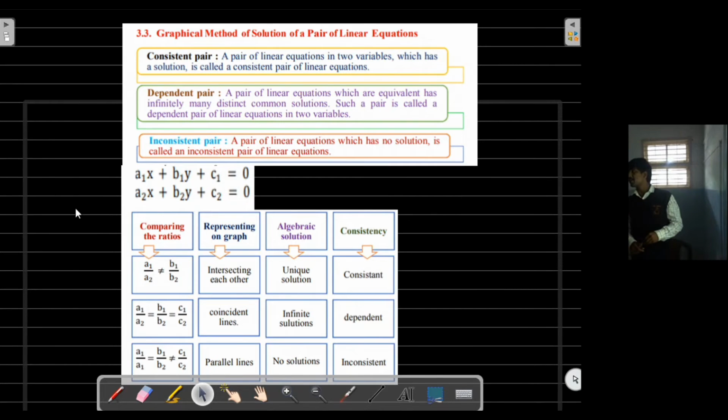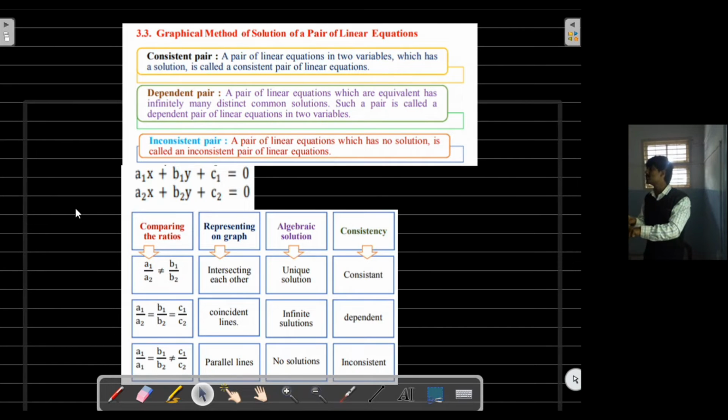A consistent pair means a pair of linear equations in two variables which has a solution. Consistent means solutions exist.